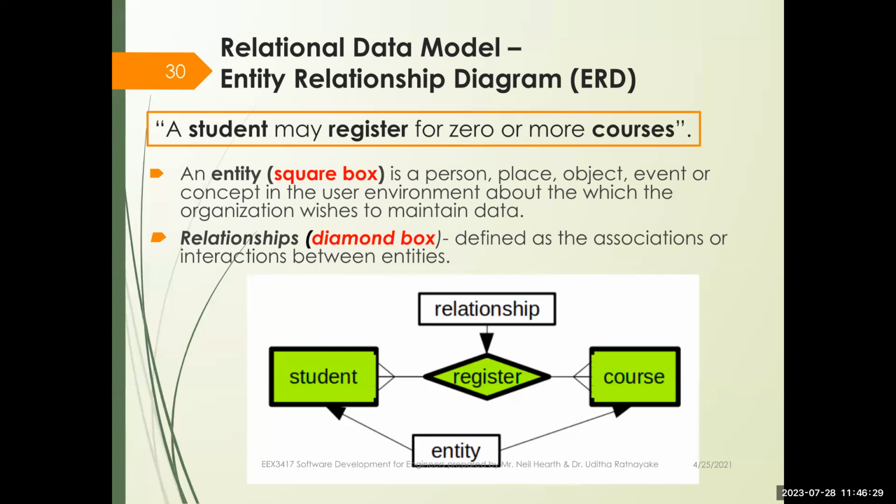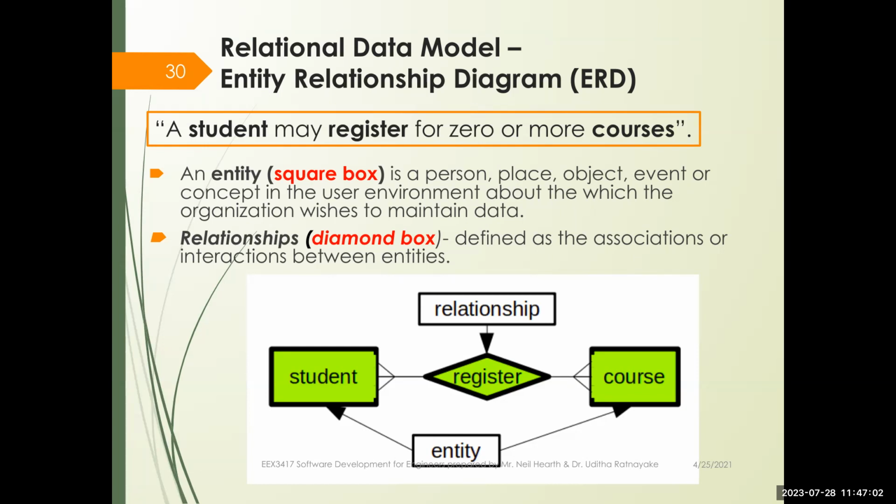When we consider a university, this is one business rule: a student may register for 0 or more courses. That is, a student may get no courses at registration, or there may be one or more courses.